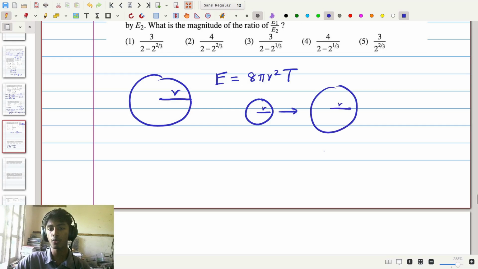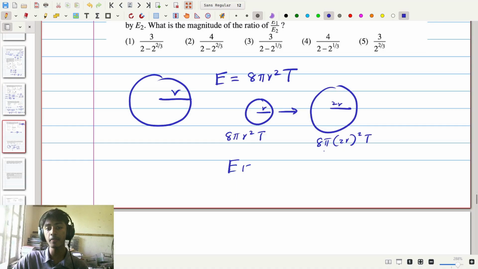So therefore, if you consider initial energy and final energy, initial energy here is 8 pi r squared T, and final energy here is 8 pi (2r) squared T. So subtracting these two, E1 must be equal to 8 pi times (2r) squared times T minus 8 pi times r squared T.